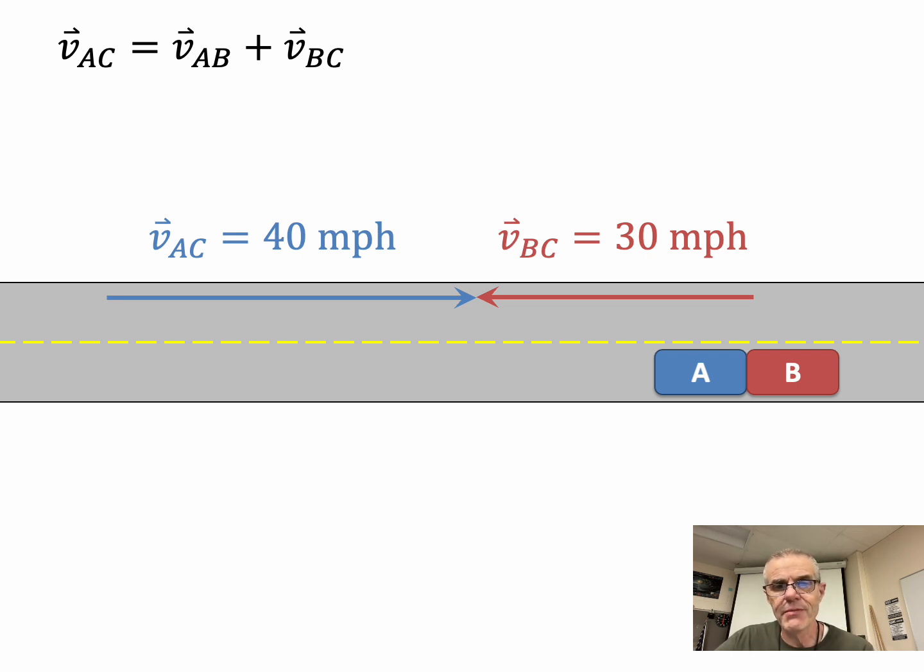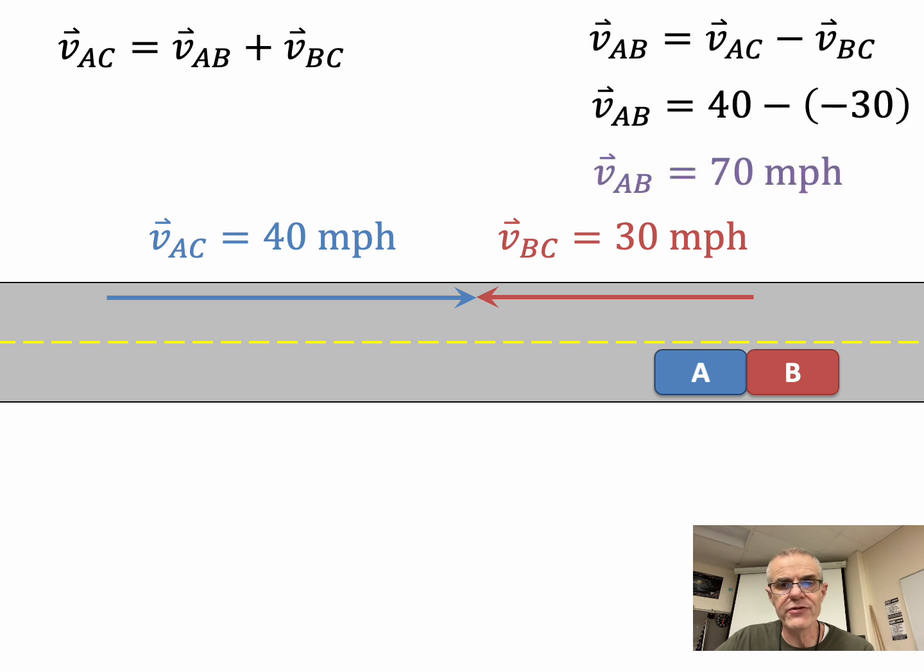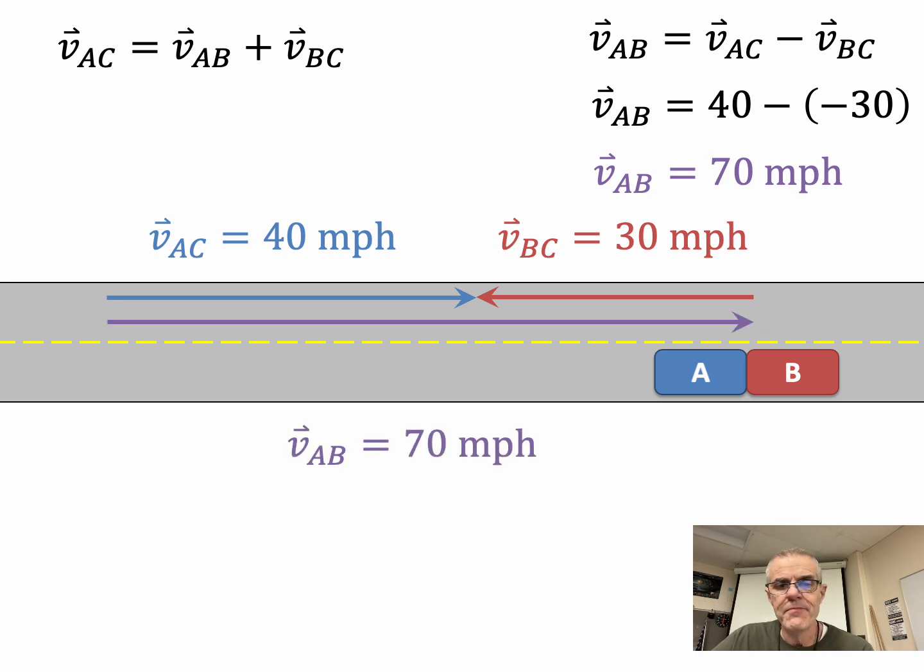In physics terms, all that matters is one thing relative to another. What are we interested in? In this case, we're interested in, well, how bad is this collision? How bad is A moving relative to B, or how fast is A moving relative to B? Here again, we would be subtracting vectors, but B relative to C, if I'm subtracting it, well, it's like a negative compared to A relative to C. And then that would give us this answer, 40 minus negative 30, which makes perfect sense.